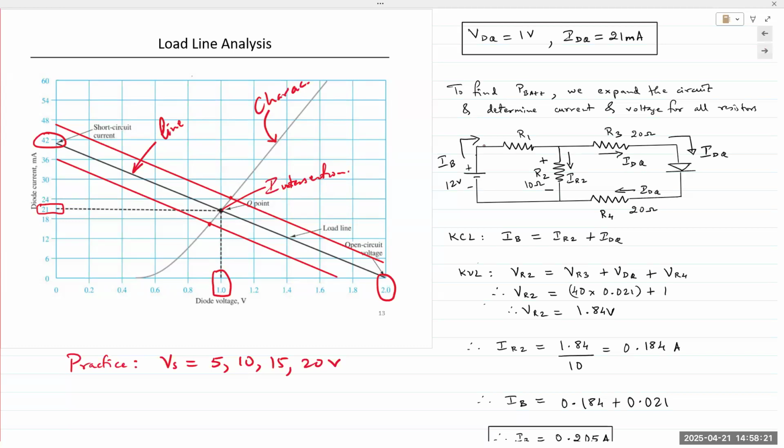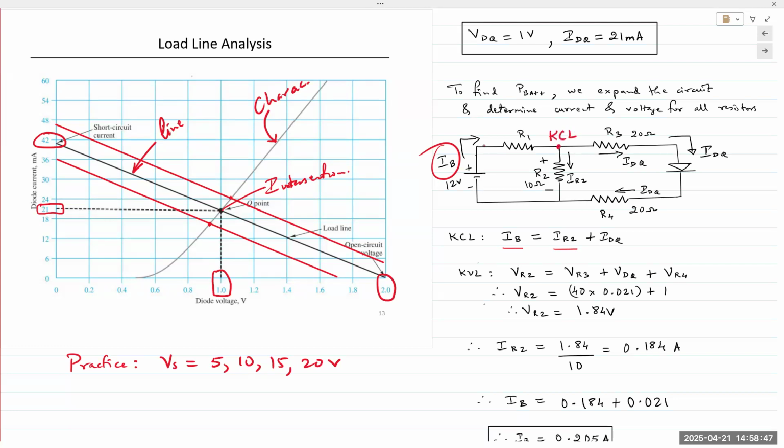But we don't have this current, IB, so we need to determine it. In order to determine that current, we can apply KCL. There are a few steps we can take. The total current is equal to IR2 plus the current going into R3, because it splits into 2 at this node.